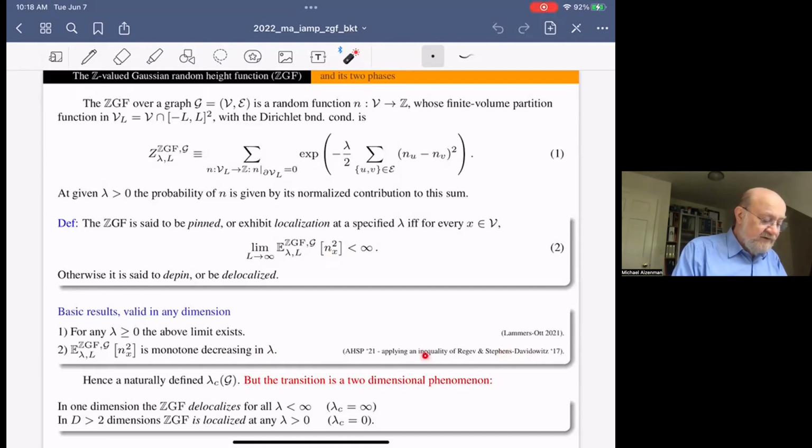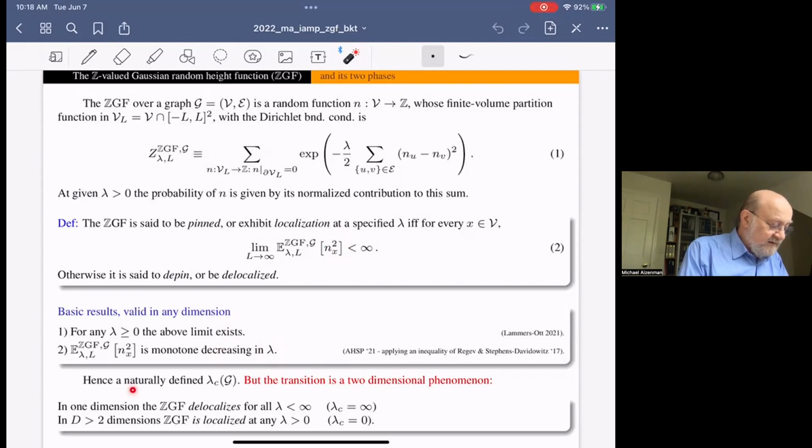In any case, it permits you to conclude the monotonicity of the variance in lambda, which agrees with your physical intuition, a totally expected result. But often there is a gap between what you feel in your bones is correct and what you know how to prove. So, okay, the limit exists and is monotone.